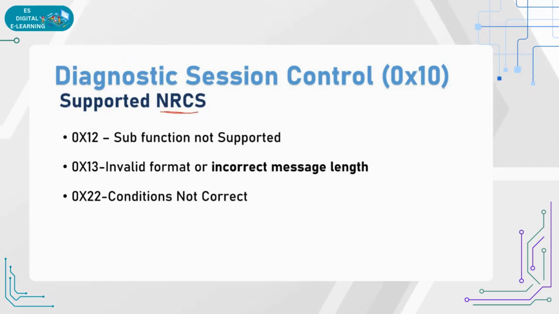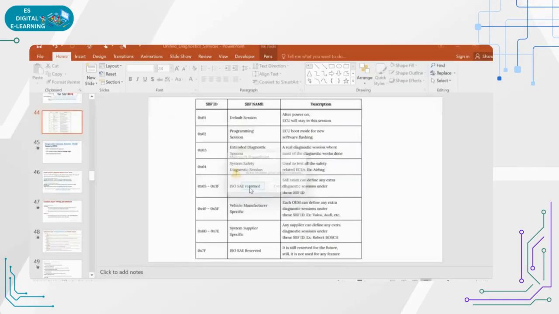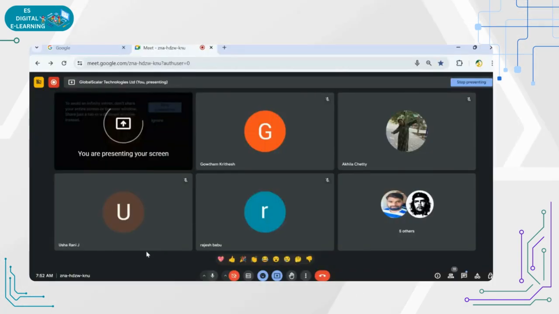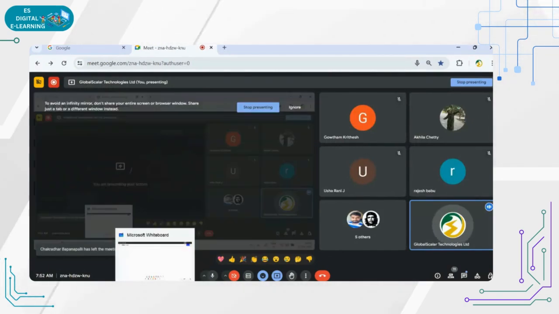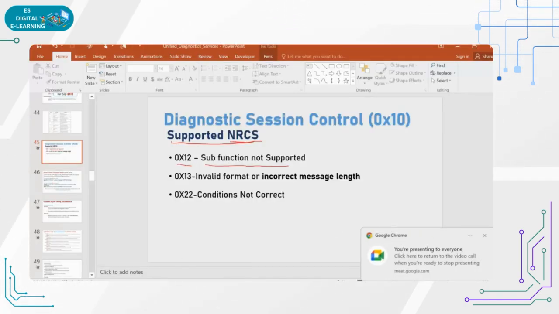Going forward, I will explain what subfunction not supported means, and all that I will tell you in further classes. 12: subfunction not supported.